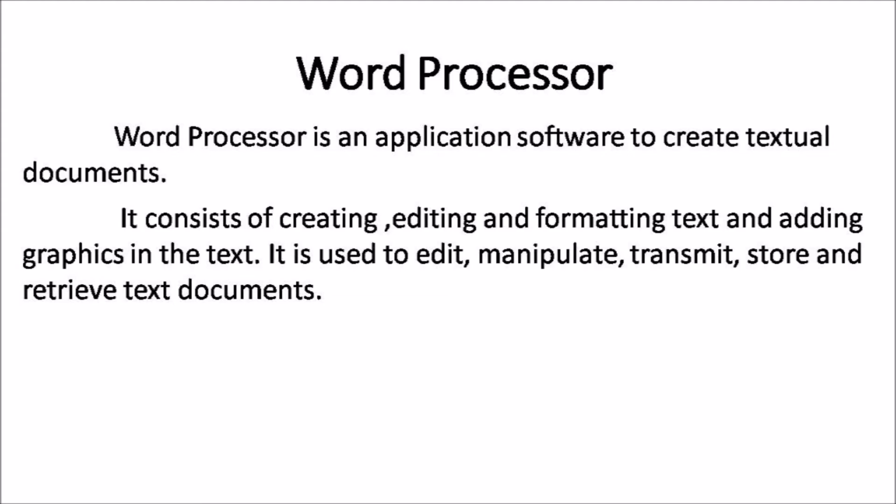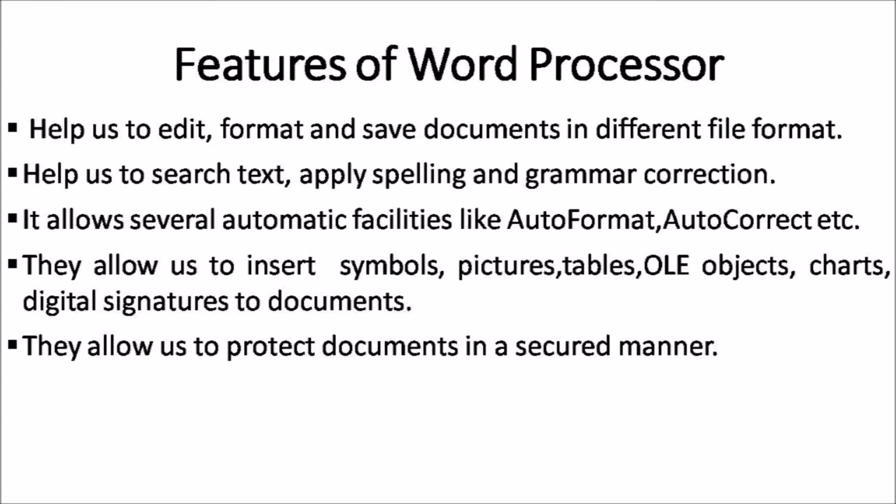Now let us see what is word processor. Word processor is an application software to create textual documents. It consists of creating, editing and formatting text and adding graphics in the text. It is used to edit, manipulate, transmit, store and retrieve text documents.